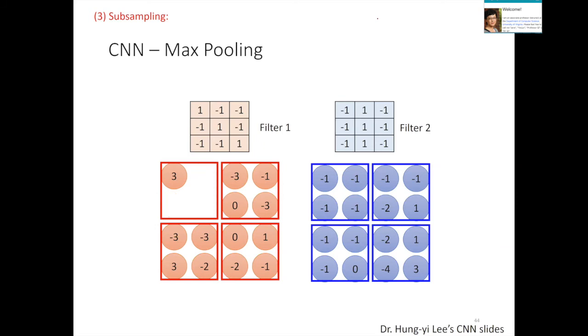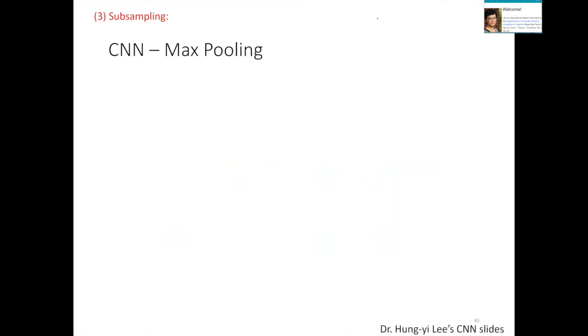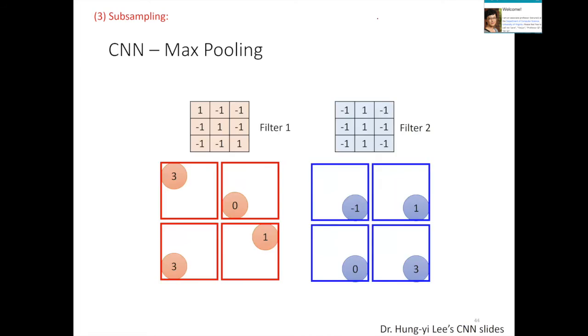Within that window, I do a max. Within this window, I do a max. Every possible window, I do a max. And this is the operation of max pooling. If you think about it, this is trying to highlight the signals. In filter 1, I'm trying to capture this kind of cross shape.